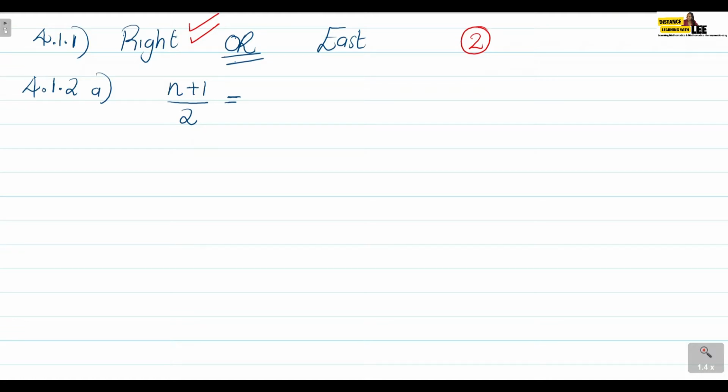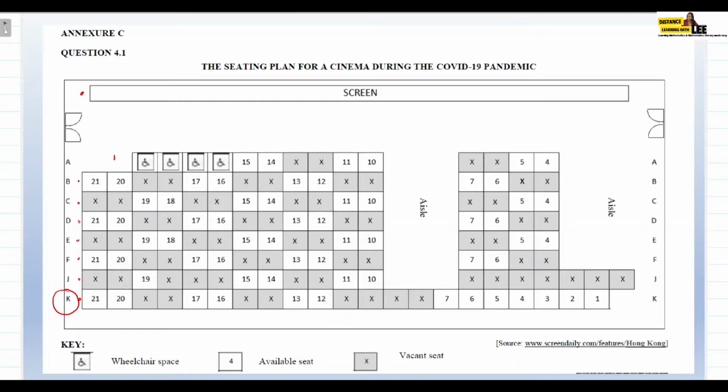Let's determine how many outcomes or how many seats we have in our 8th row. We can see that on our 8th row, we actually have 21 seats.